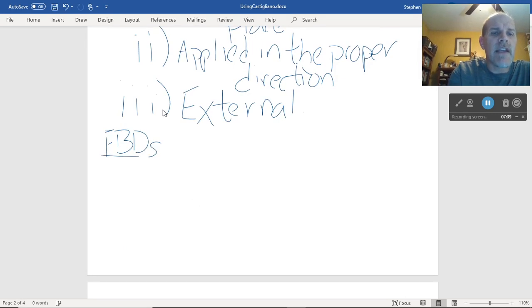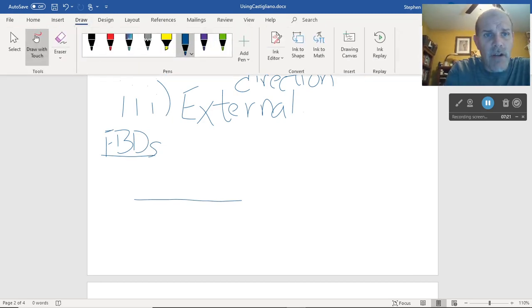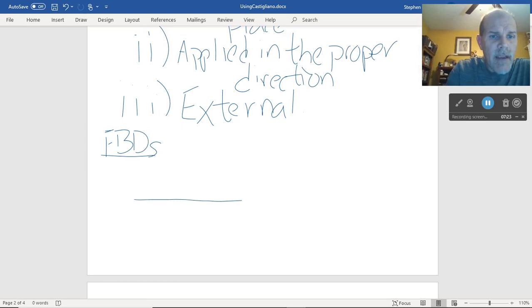Okay, so I'm going to say FBDs, free body diagrams, but I'm only going to start off with one, and my free body diagram is going to be perilously simple. That's how I usually draw a horizontal bar, right? If I don't care about the width dimension, why should I bother drawing it? And I would certainly have a reaction AY.